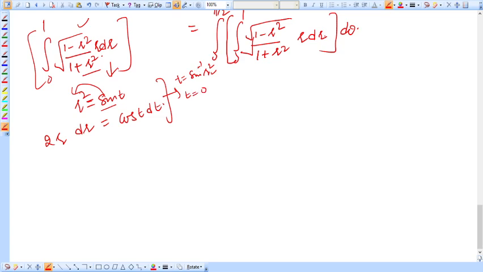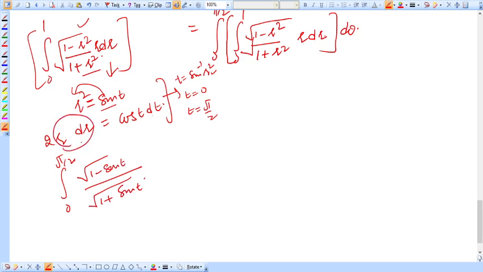When r is equal to 1, sin inverse 1, t would be equal to pi by 2. So limits go from 0 to pi by 2, and inside you will have 1 minus sin t divided by 1 plus sin t, and r dr would be replaced by cos t divided by 2 dt.